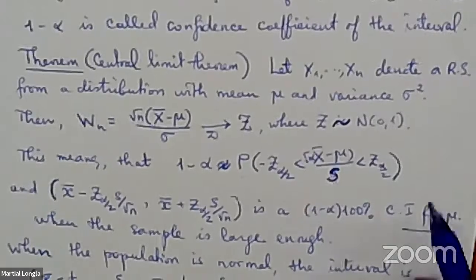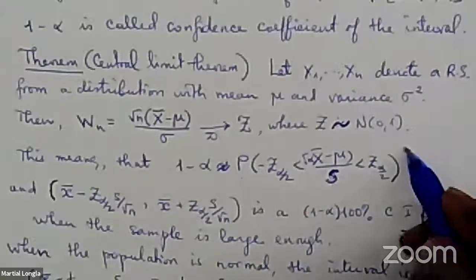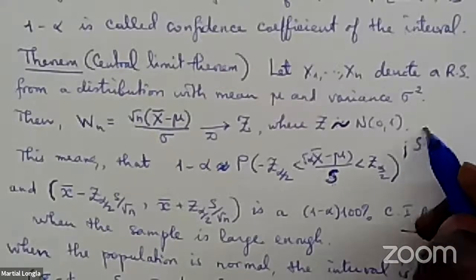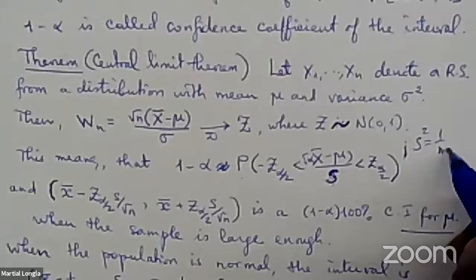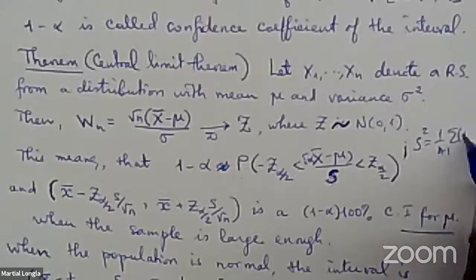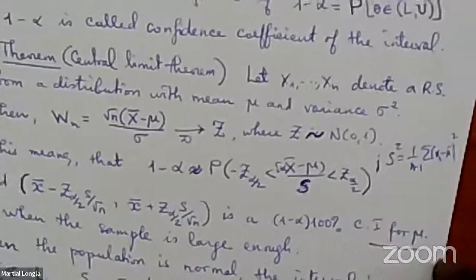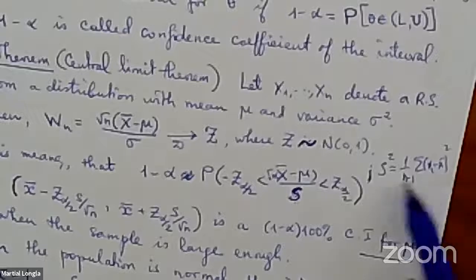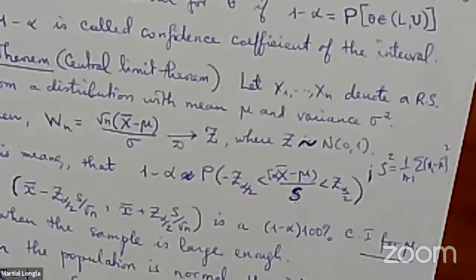I see some silence. Let me put you here. So s squared is 1 over n minus 1 sum of xi minus x bar squared. That's the s that we proved; s squared is an unbiased estimator of sigma squared.